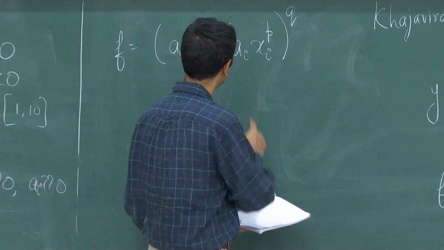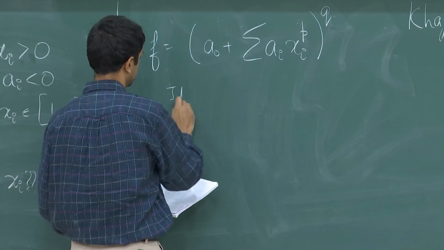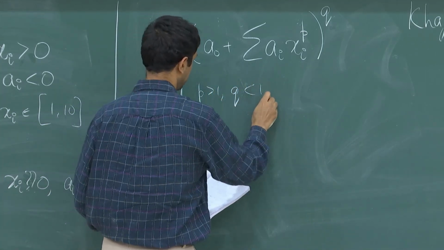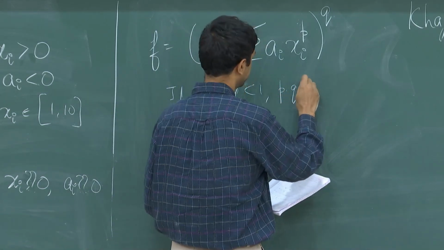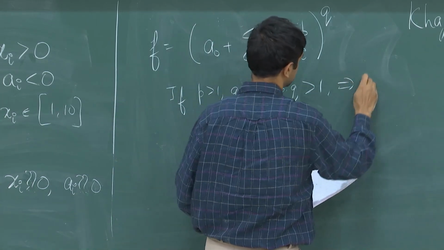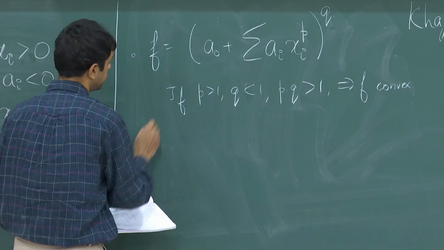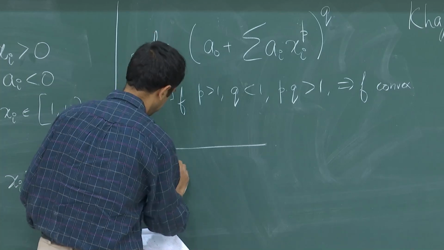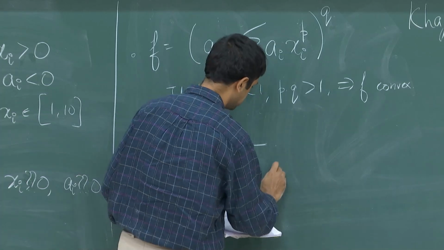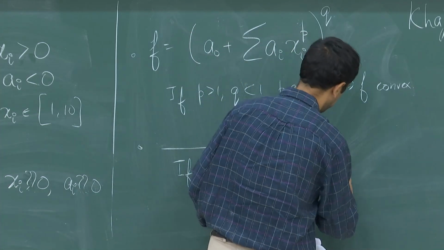For this type of function, if p is greater than 1, q is less than 1, and p times q is greater than 1, then f is convex. And for the same function, if p is less than 0 and 0 is less than q less than 1, then also f is convex.